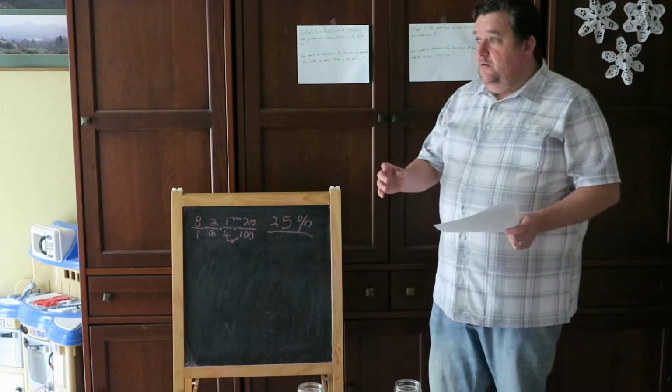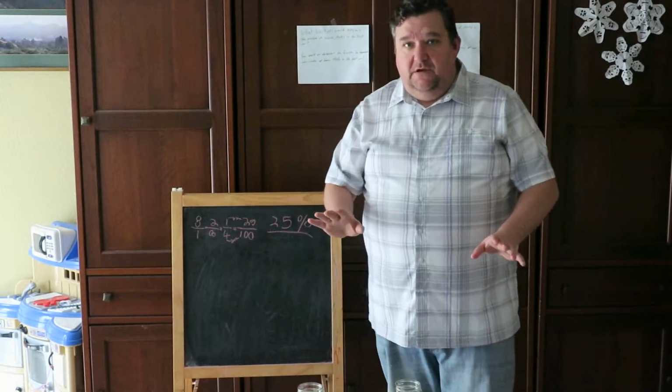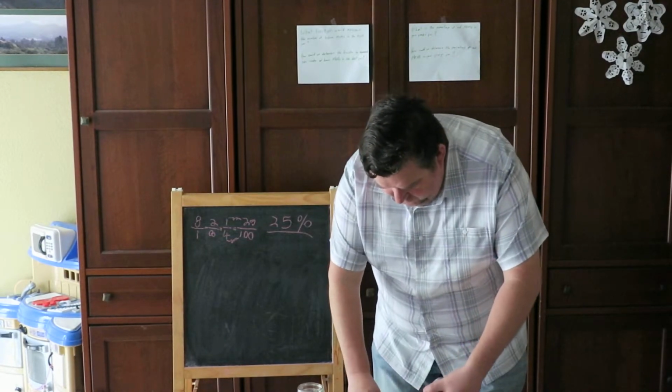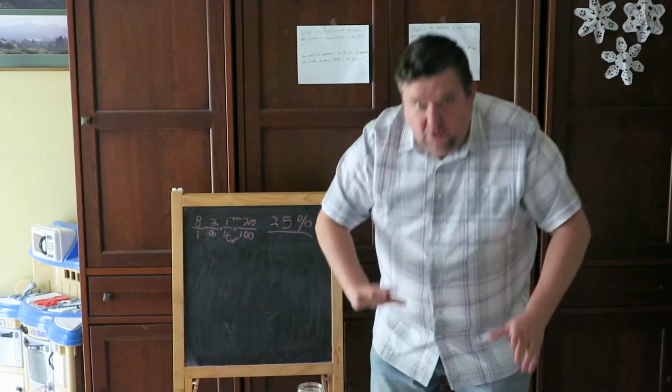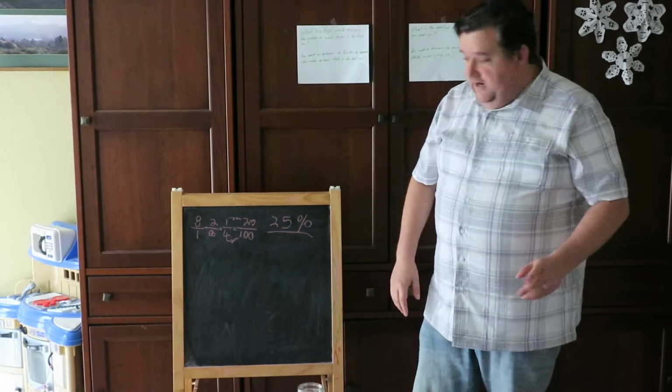Well, first we need to know how many M&Ms are total in my jar. So we'll pour them out on our paper towel, and we count them up. Oh, whoa, there's 32 M&Ms in my jar.